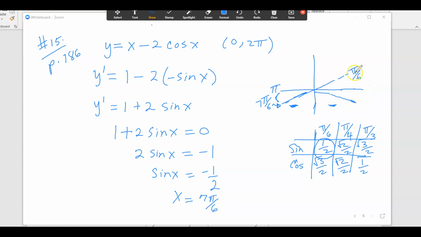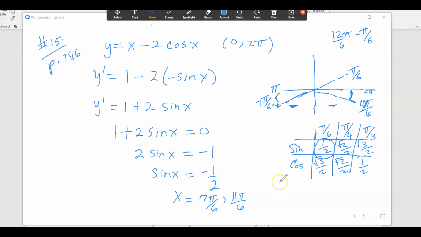Whatever that angle is, I know that right here it's 2 pi. If I subtract pi over 6 from 2 pi, let's see, that's going to be 12 pi over 6 minus pi over 6, which gives me 11 pi over 6.